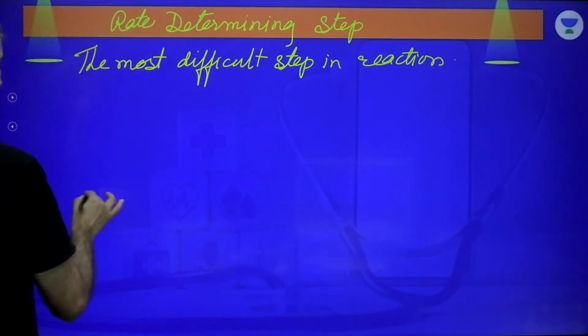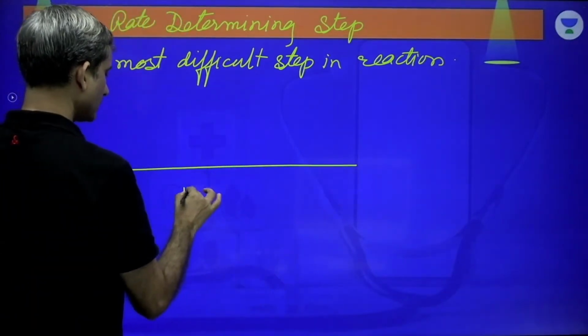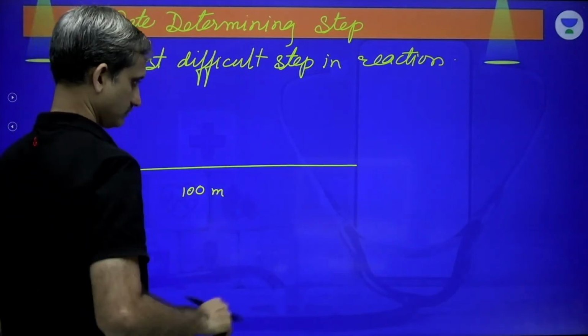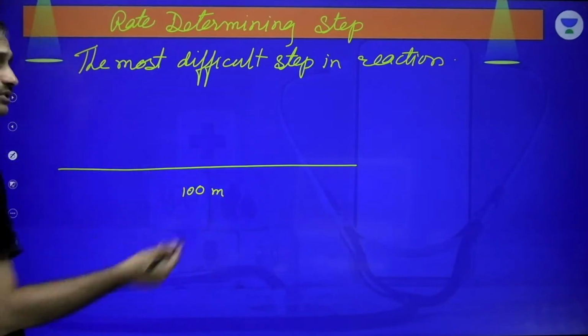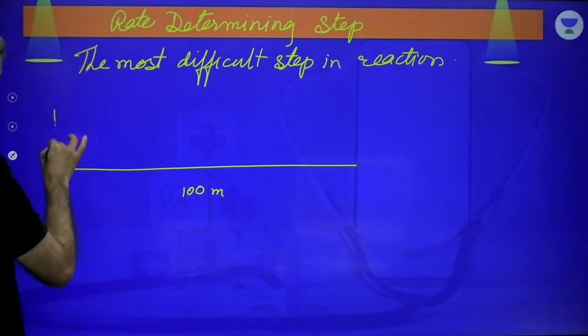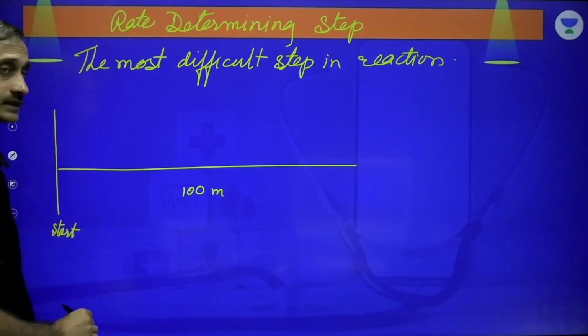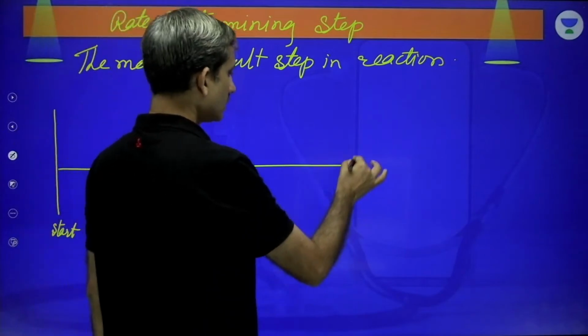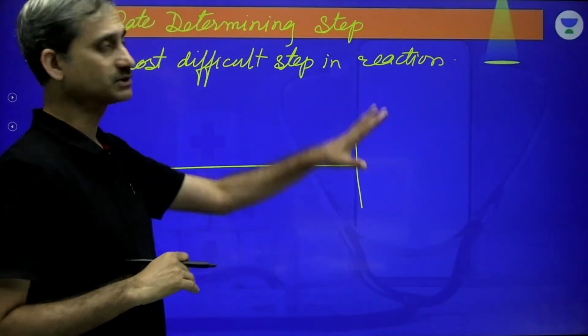Let us see, there is a 100-meter stretch. There is a race going on, and here is the start line. Now here we are not counting how much time each person takes.